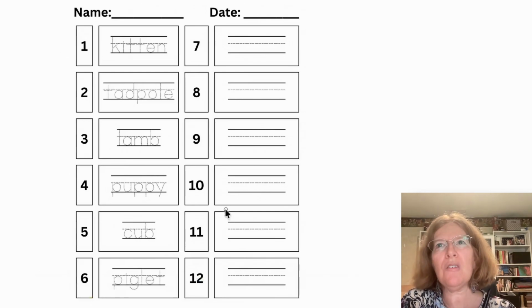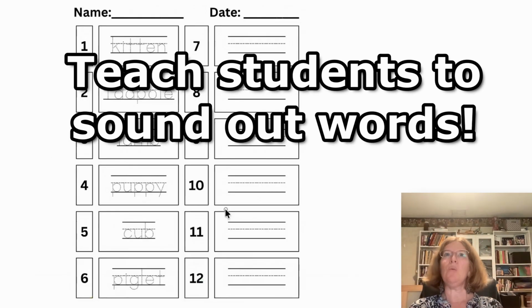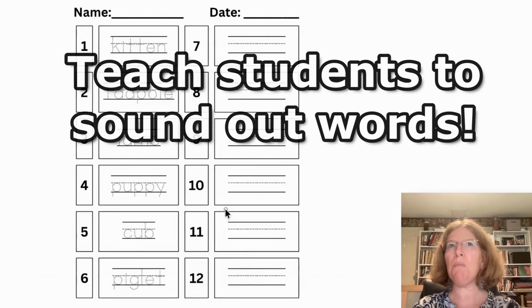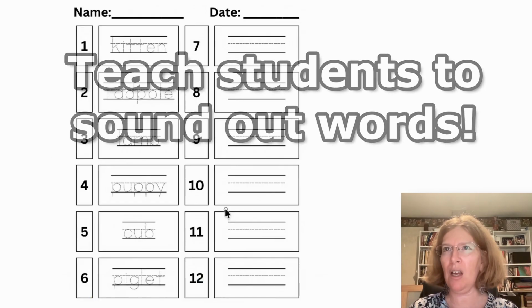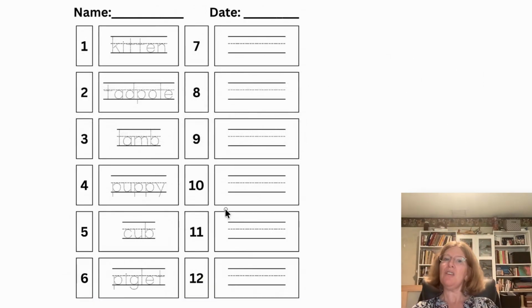Teaching students to sound out words is the most fundamental skill in teaching reading, and we're going to do it like this today. Now, I made these words based on that book, Growing Up. So that's where these words come from. So let's look at the first word.